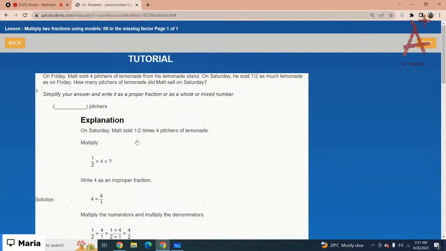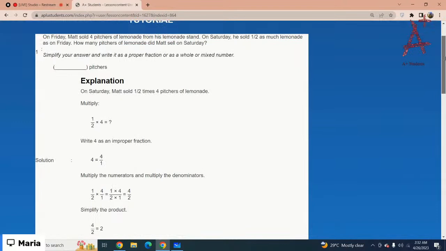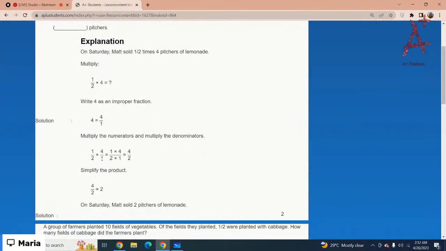So you have to do 4 times 1 over 2. Got it? So 4 times 1 over 2 means you need to do numerator times numerator and denominator times denominator. So it would be 4 times 1 divided by 2 times 1. That would be 4 over 2. And when you divide them by a common factor, it would be just 2.